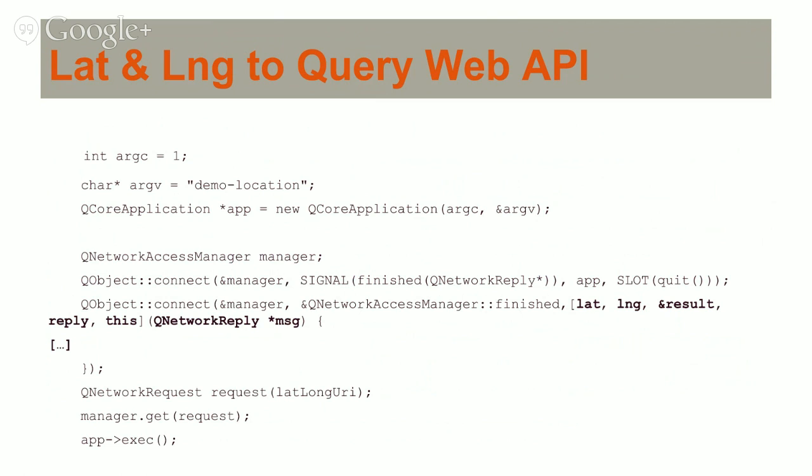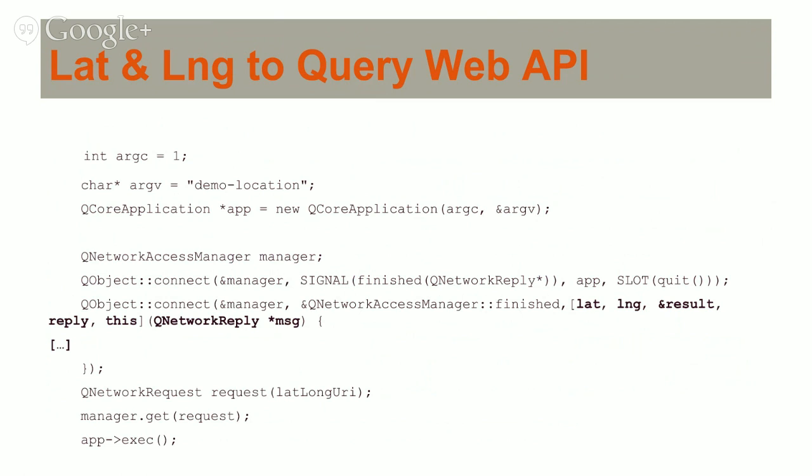So latlong result, which is the result object I created in the previous slide, and reply, which I'm going to use inside this lambda function to push the result once we get the data. And this, which actually I don't think I used below, but I'm passing it anyway.